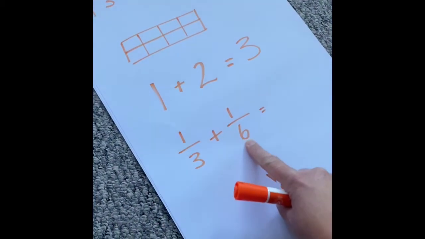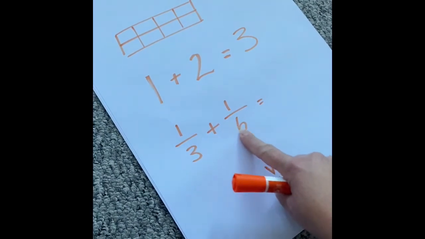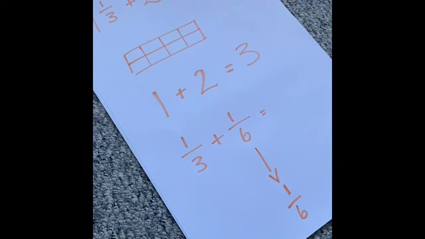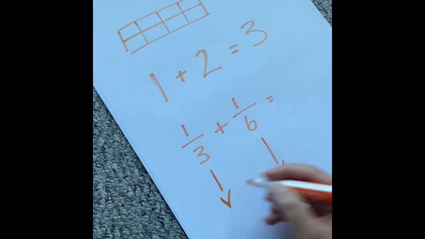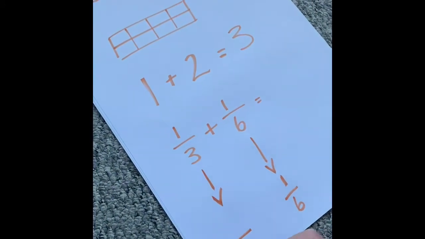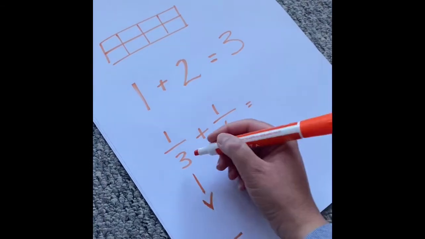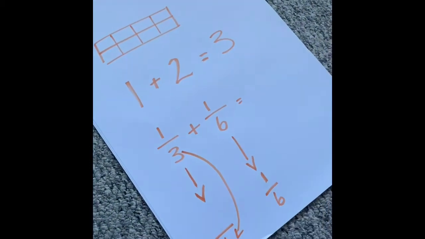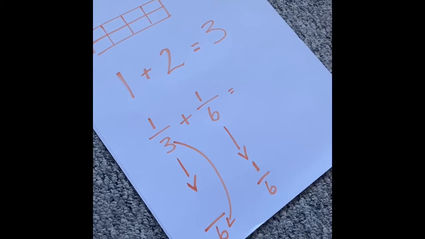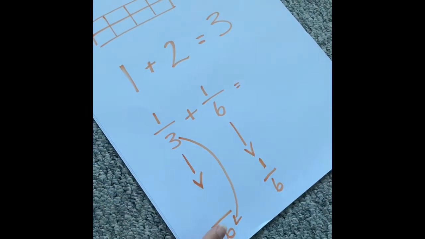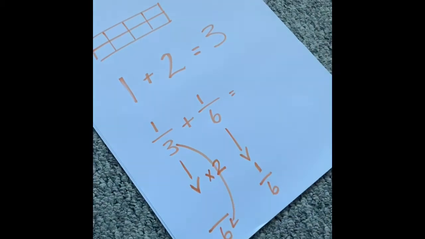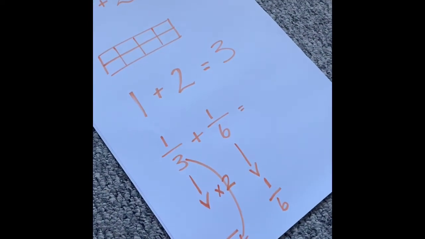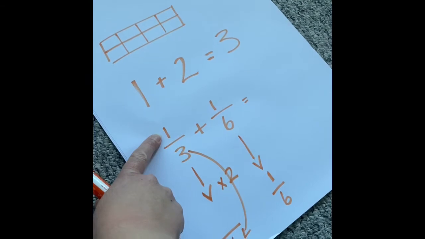So I'm going to pick the highest or the largest denominator with the most amount of parts. And I need to make this a 6 as well. So this is where I'm thinking about doing something to the denominator to get it from 3 to 6, and remembering that I always do the same to the numerator.